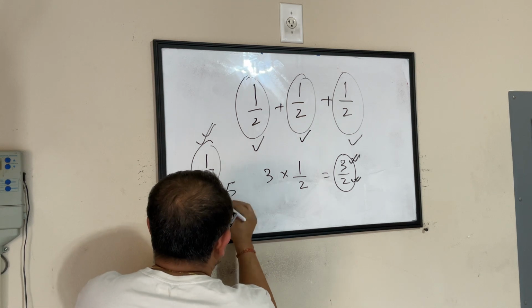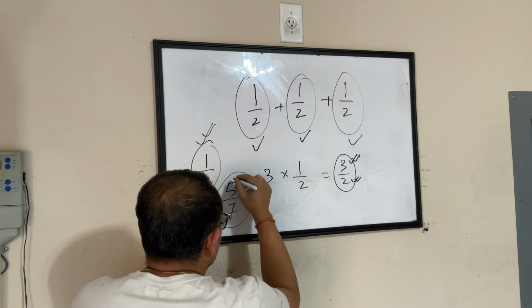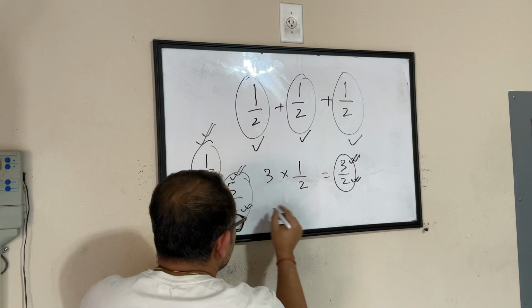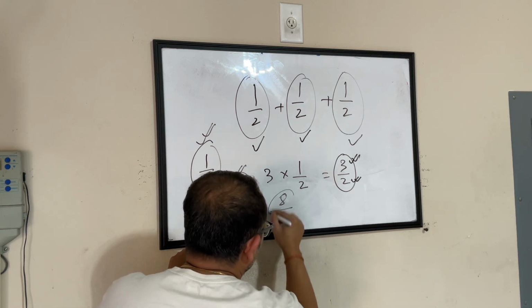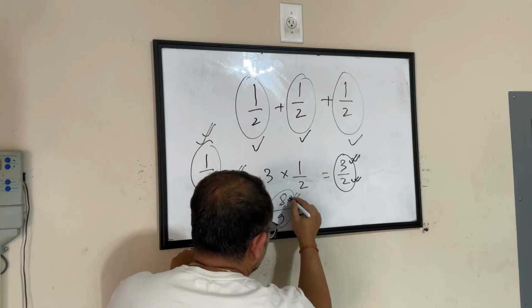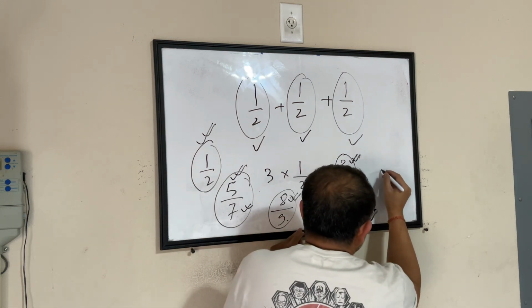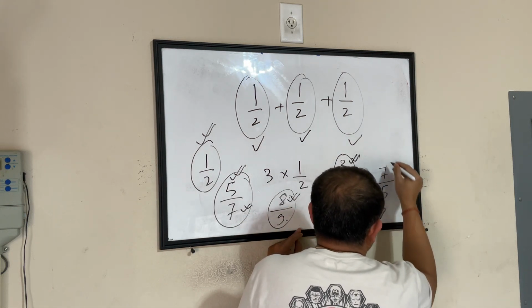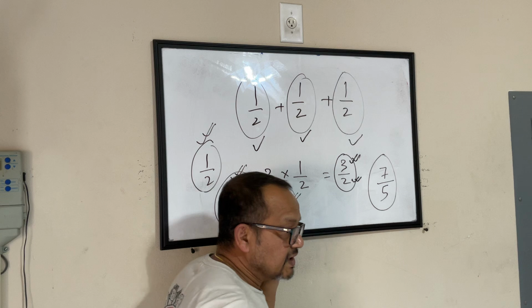If I say 5 by 7, this is also a proper fraction because this is smaller than this. If I say 8 by 9, this is also a proper fraction because 8 is smaller than 9. If I say 7 by 5, this is also a proper fraction. Is that correct?